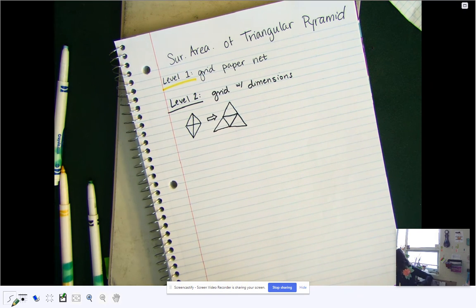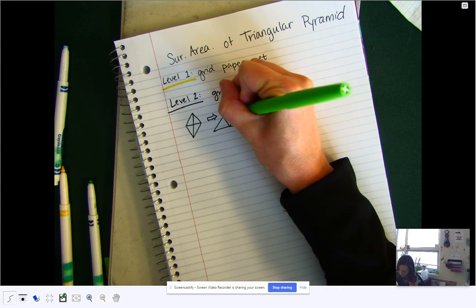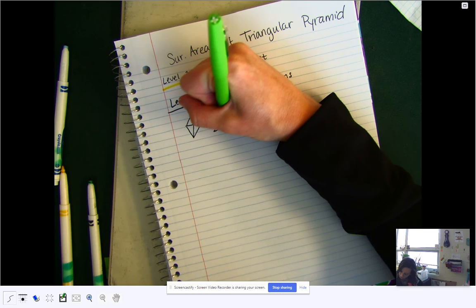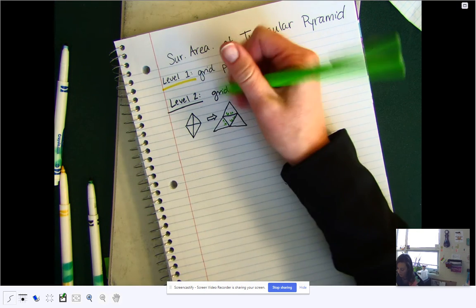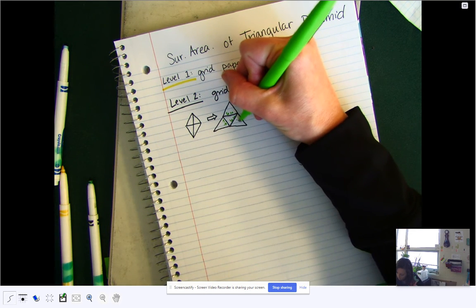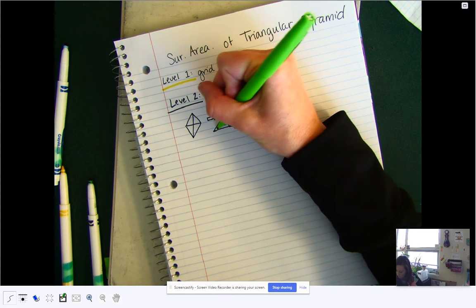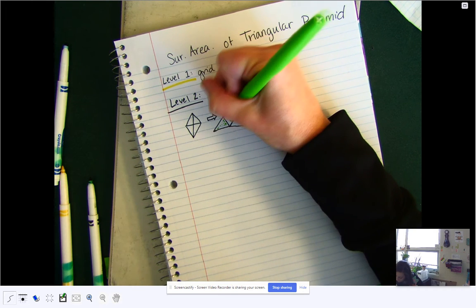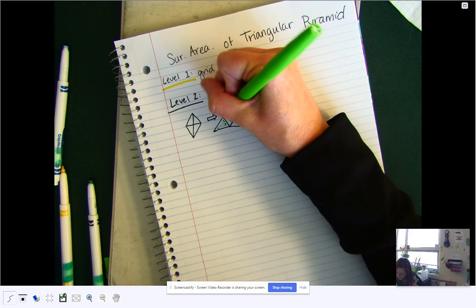In this triangle, these sides are all 6 inches long along the base of the pyramid. The heights of these triangles are all 8 inches. But this guy has a funny height. Its height is 5.2 inches.